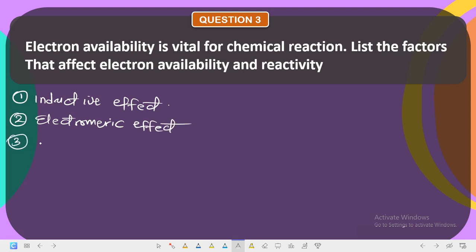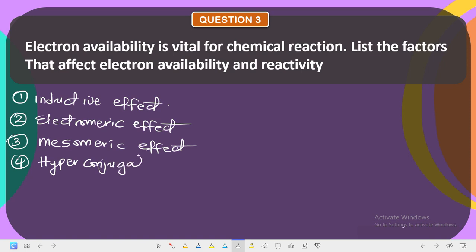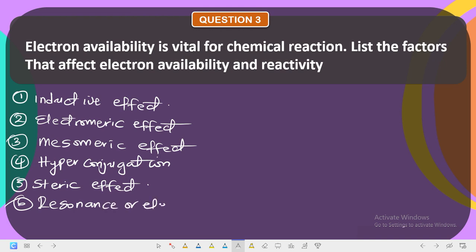3, we have mesomeric effect. 4, hyperconjugation. 5, steric effect or crowding effect. 6, we have resonance or electron delocalization.